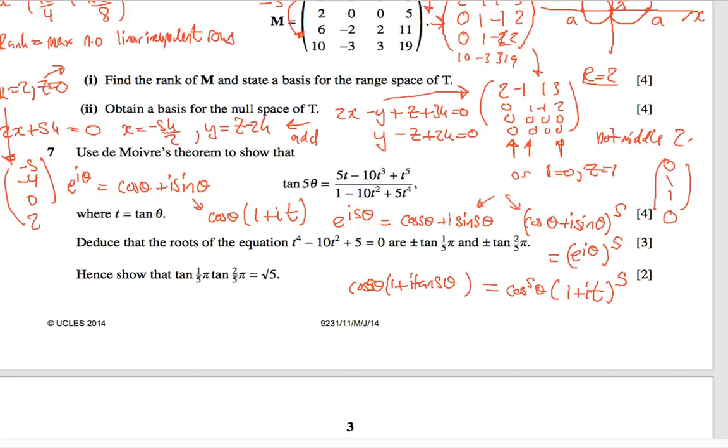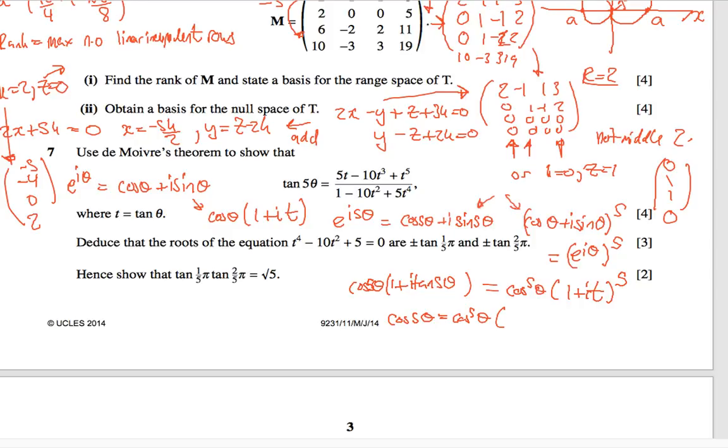So just think about the real part. The real part gives you the ratio of cos to the 5 theta over cos 5 theta. So that'll give you, on one side, cos 5 theta equals cos to the 5 theta, and then everything in here that is an even power of i.